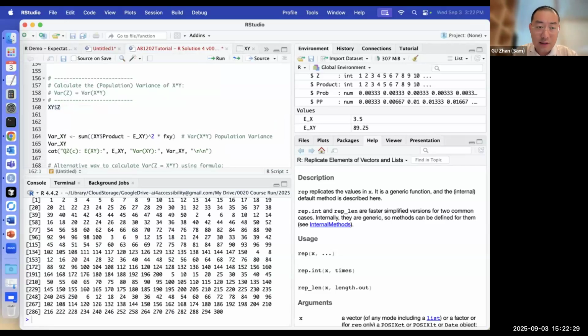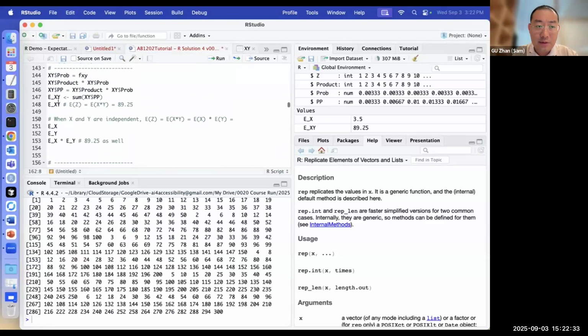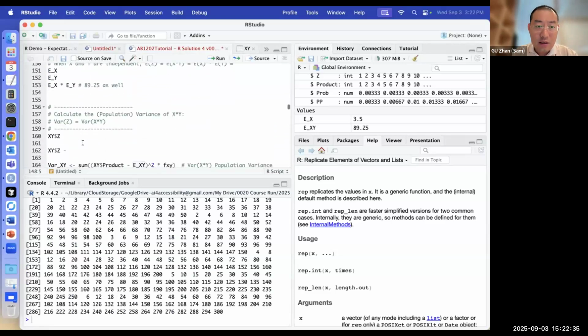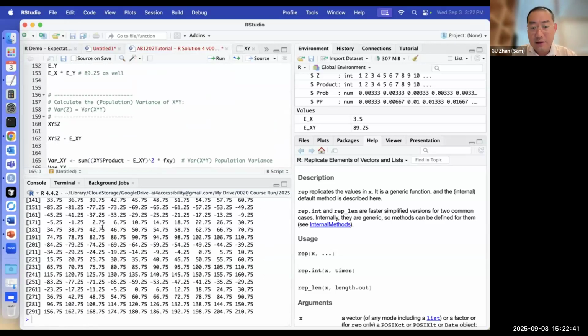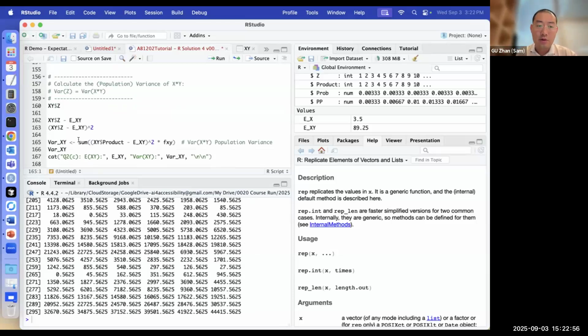So we calculate the variance. The variance is this value minus the expected X and Y, which is 89.25, right? 89.25. Minus, we got another 300 numbers. Then after that, what do we do? We square it, right? You can type parentheses first, then paste, then power 2.